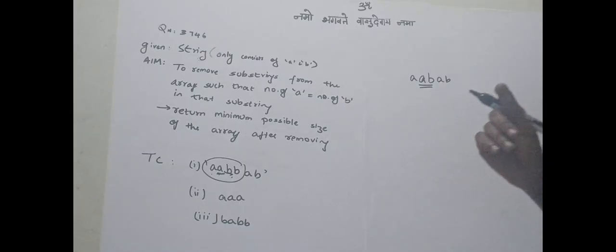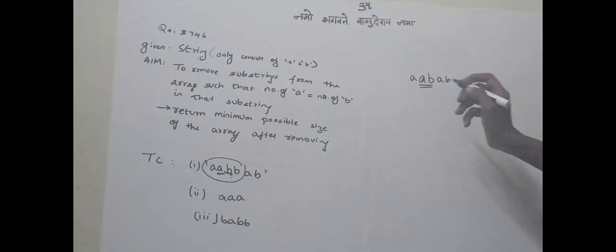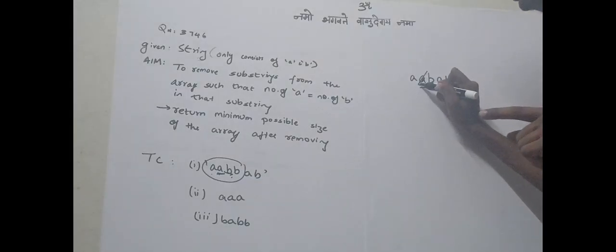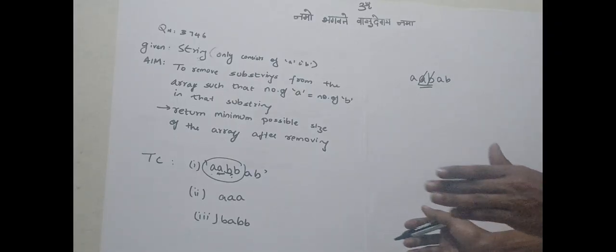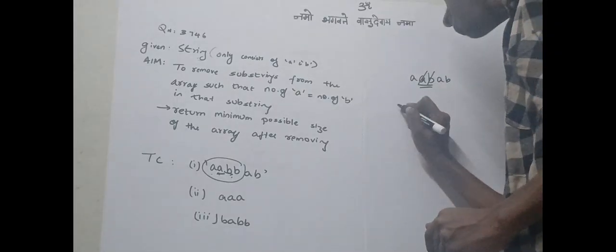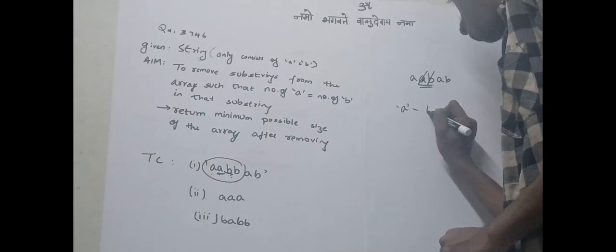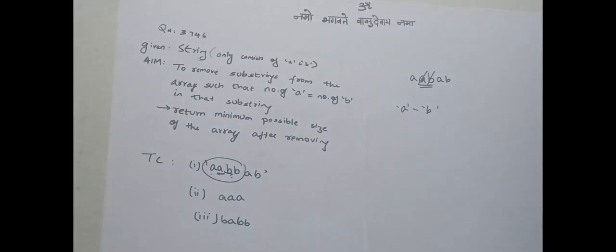Yes. So from this little observation, you can understand that you can eliminate one A for one B, which means the answer is nothing but the number of A's in the string minus the number of B's in the string. And that's your answer.